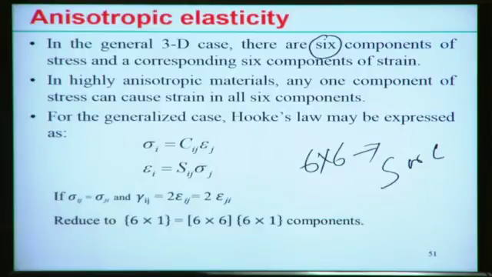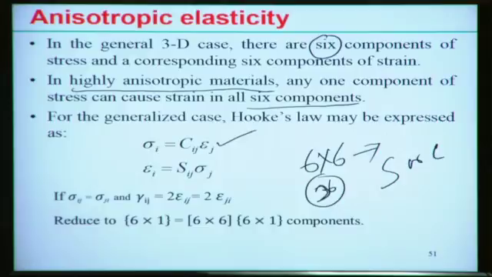Because in the case of a highly anisotropic material, one component of stress can cause strain in all 6 components. So it is desirable to bring in a total of 36 constant terms in this case.